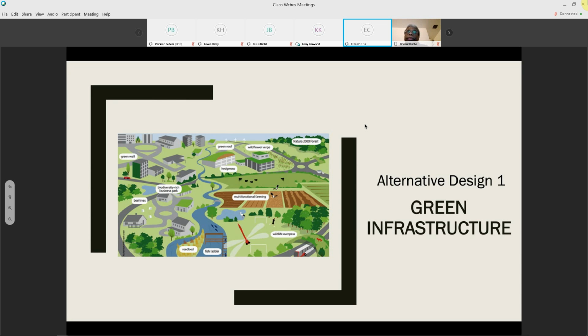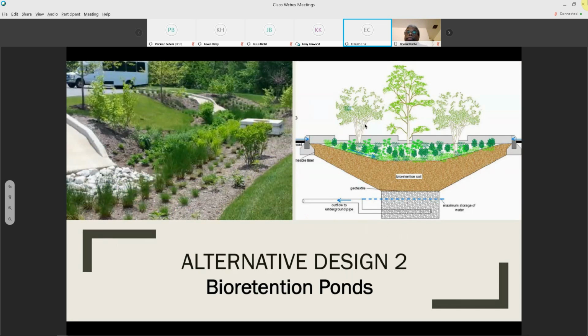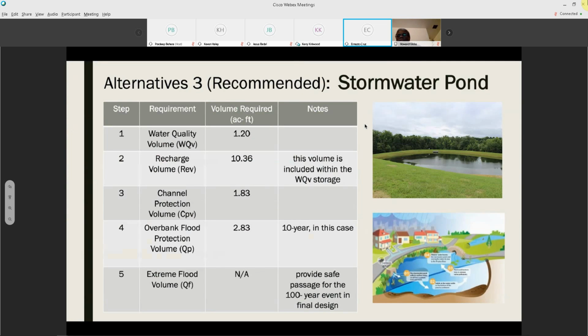And the second alternative design we have is a bioretention pond. And next, the recommendation we made is the stormwater pond. We decided to go for this recommendation because we can use it on a large scale, such as the one we are designing.